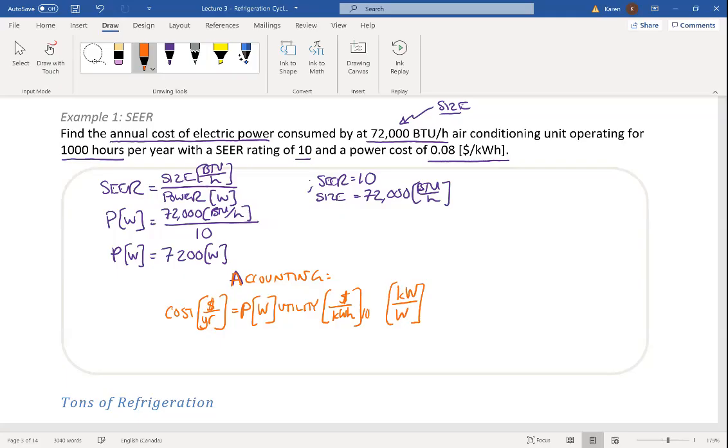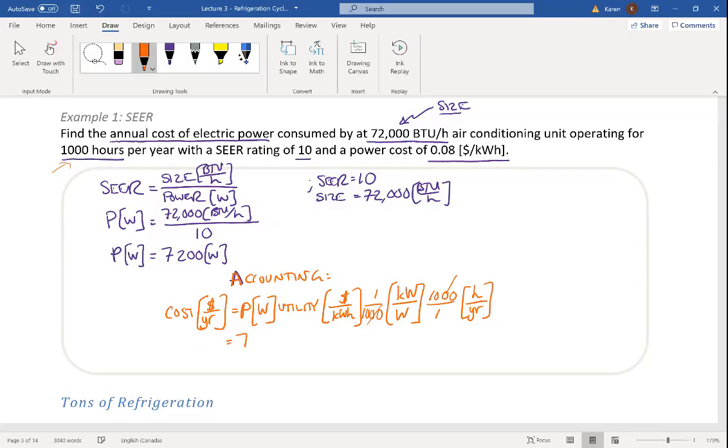So 1,000 watts in a kilowatt, and then we want to get rid of our hours, don't we? And we want years, and we specified in the problem that it's going to run 1,000 hours in 1 year. So automatically your thousands cross out.